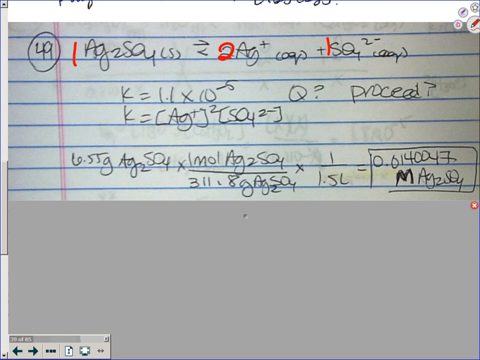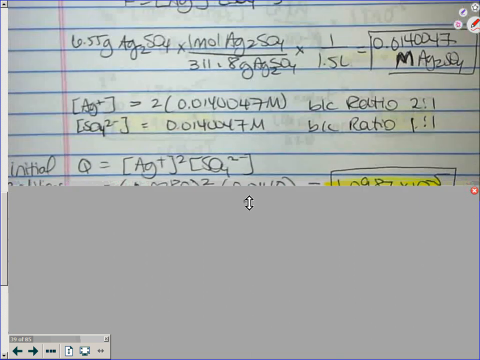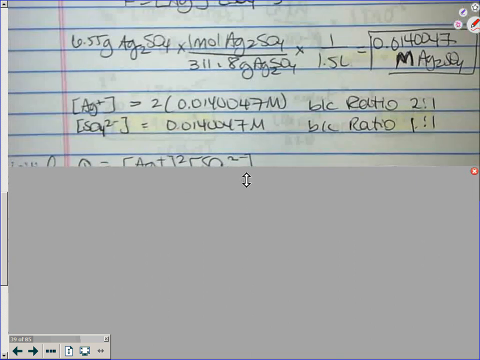So this should be how much sulfate is in solution, because it's a 1-to-1 ratio with itself. But what should we do to figure out how much silver is in solution? Right, multiply this number by 2, because it's gonna dissociate twice the rate as the other. So I kind of just wrote that down here so you guys could see that relationship, 2-to-1 ratio, 1-to-1 ratio.